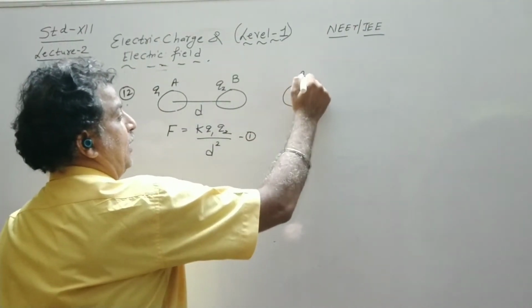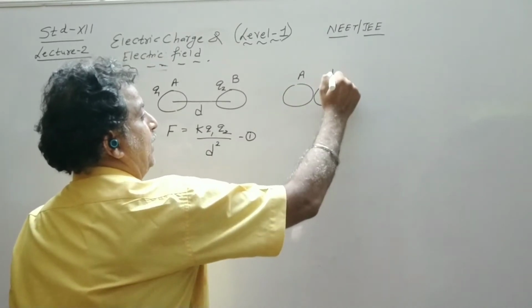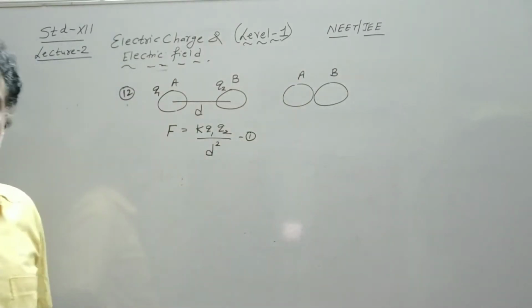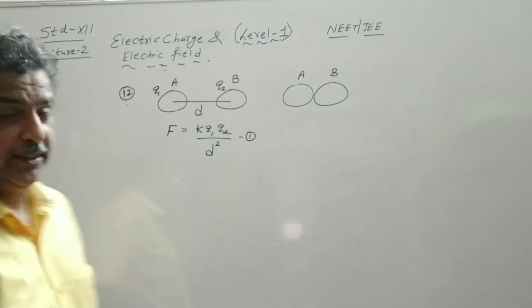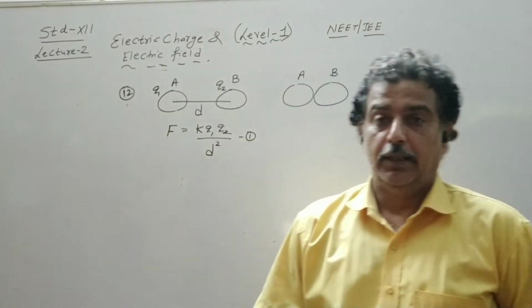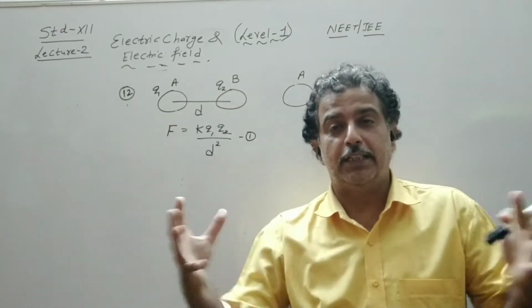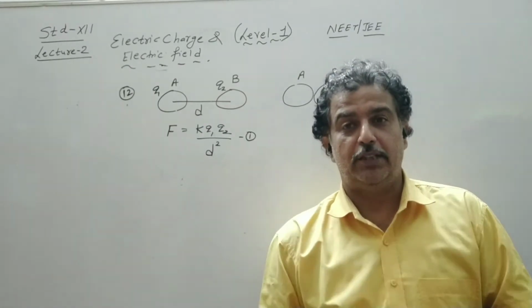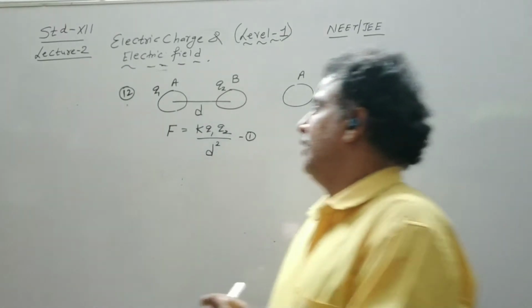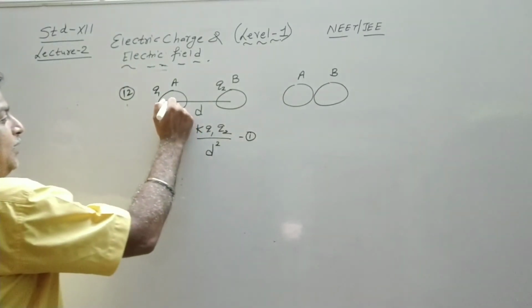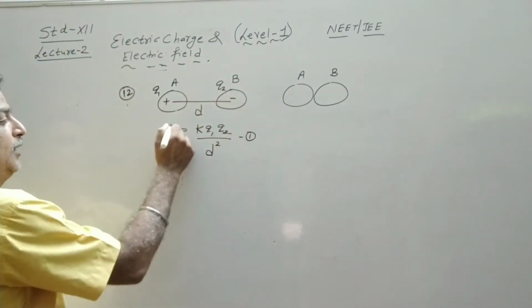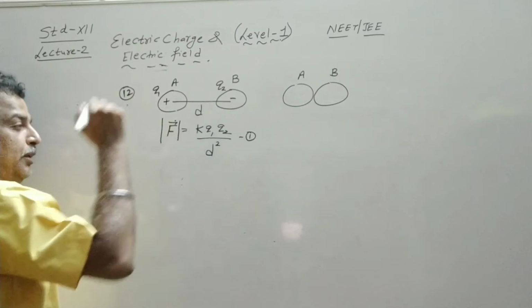Now suppose sphere A and sphere B are kept in contact with each other. Now the sign becomes important. So here we have taken the magnitude, but in the question there is a force of attraction. So one is positively charged and the other is negatively charged. So let us say this is plus charge, this is minus charge. This is only the magnitude.